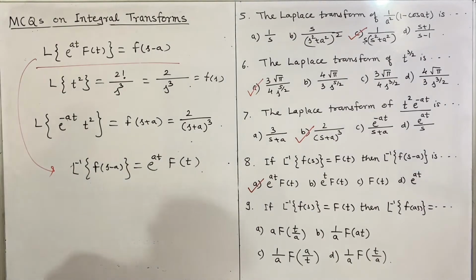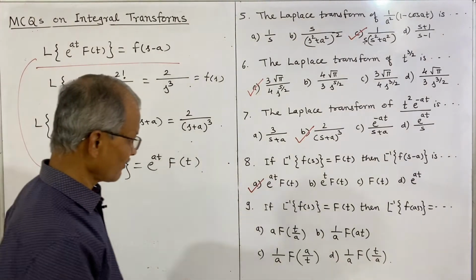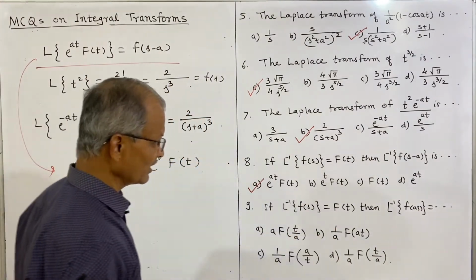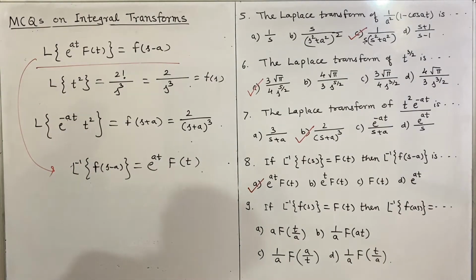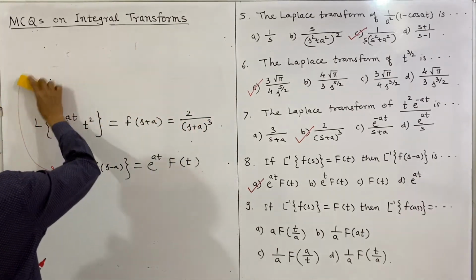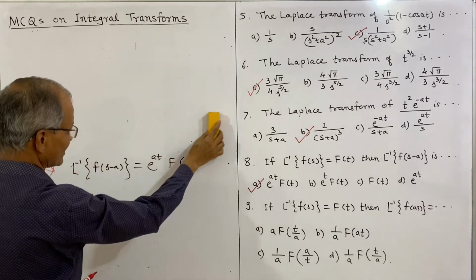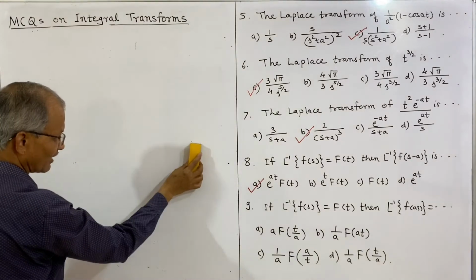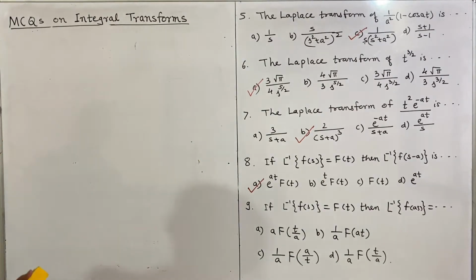Next one, again the inverse Laplace transform of f of s is capital F of t, then what is L inverse of f of as? This is actually the change of scale property for inverse Laplace transform, and the result is direct, but we may use the result from the change of scale property of Laplace transform.